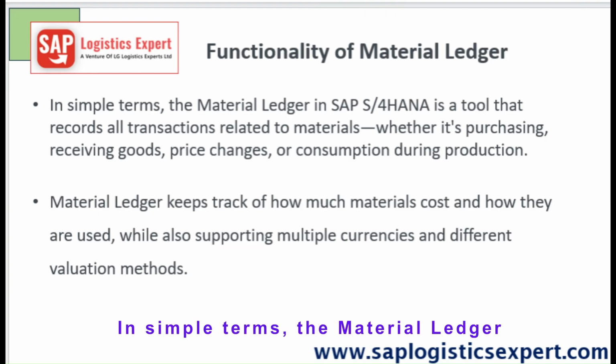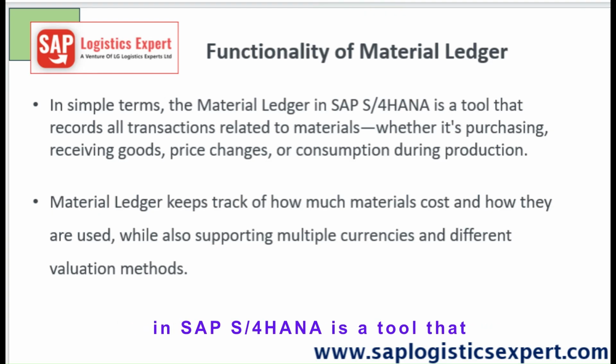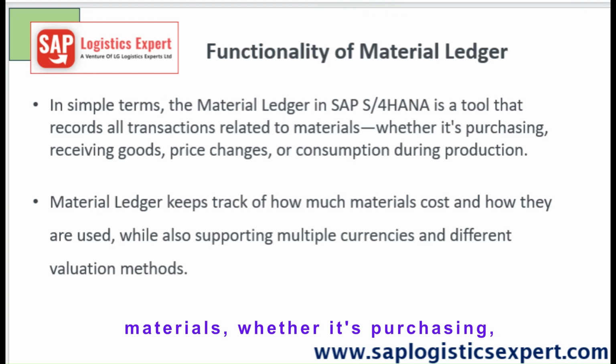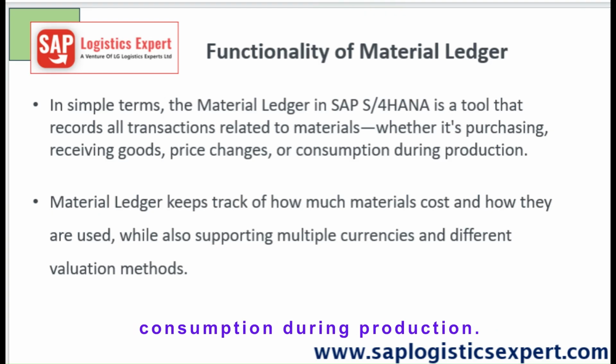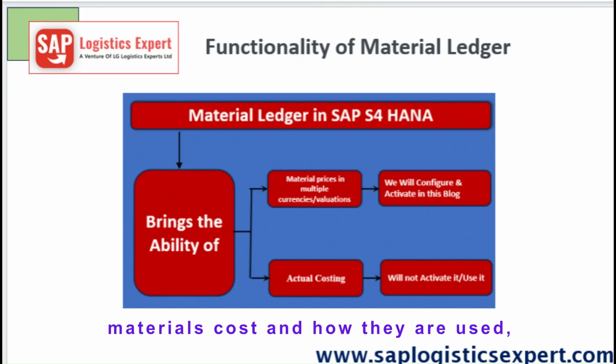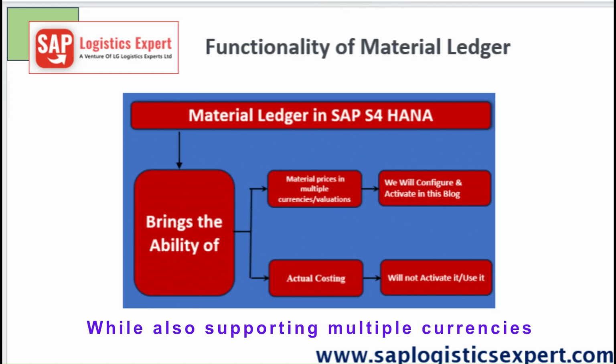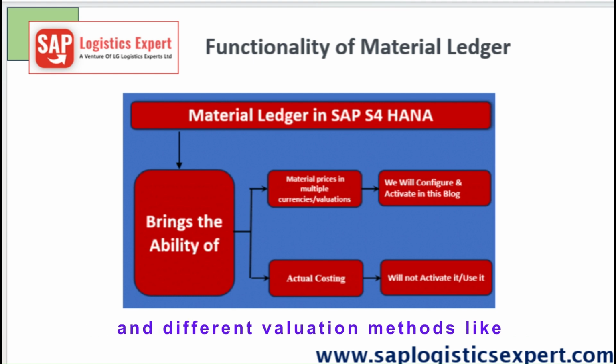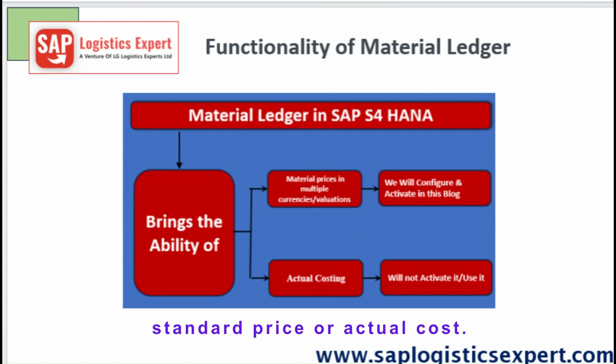In simple terms, the material ledger in SAP S4HANA is a tool that records all transactions related to materials, whether it's purchasing, receiving goods, price changes, or consumption during production. Material ledger keeps track of how much materials cost and how they are used, while also supporting multiple currencies and different valuation methods, like standard price or actual cost.